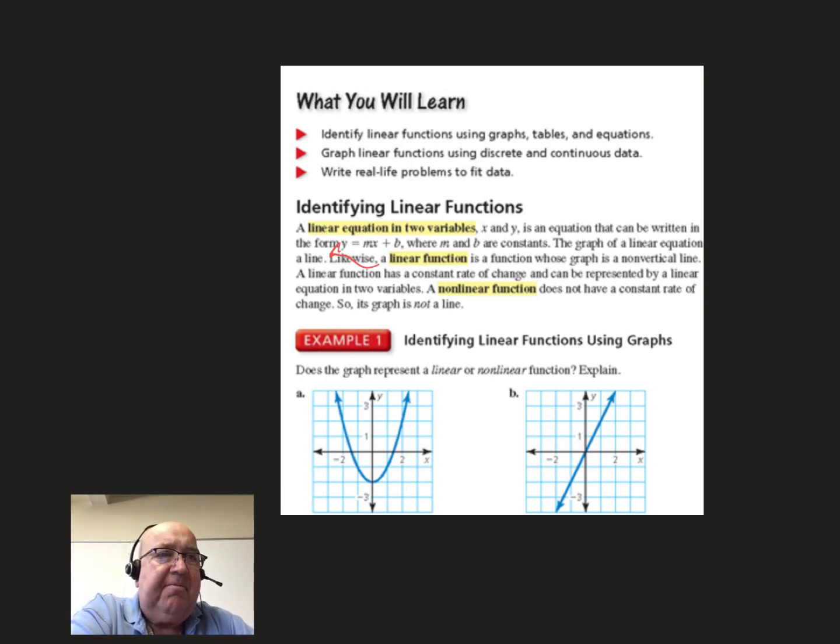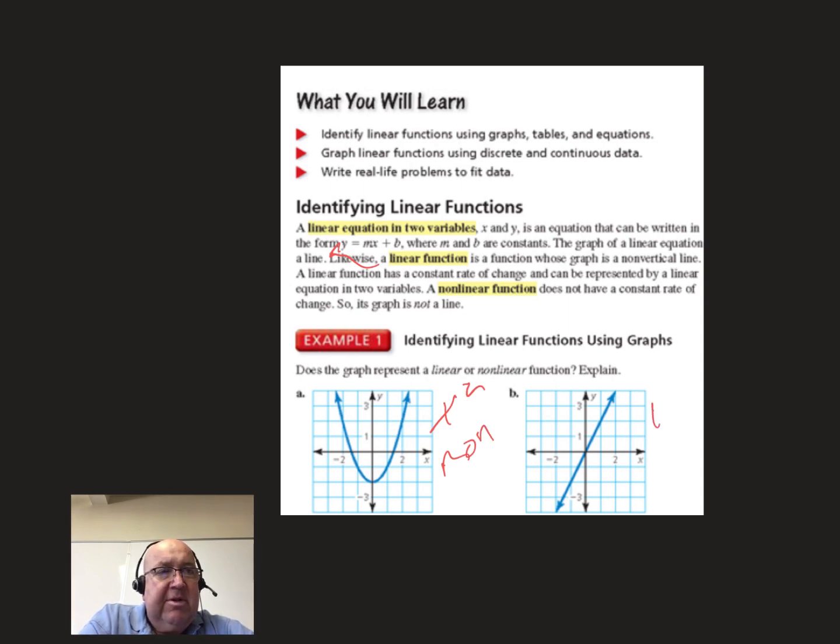Nonlinear functions don't have a constant rate of change, so they don't form a line. Okay, example A is called a parabola. This is the type of shape that you get from quadratic functions, or something that has a square in it. That's nonlinear.